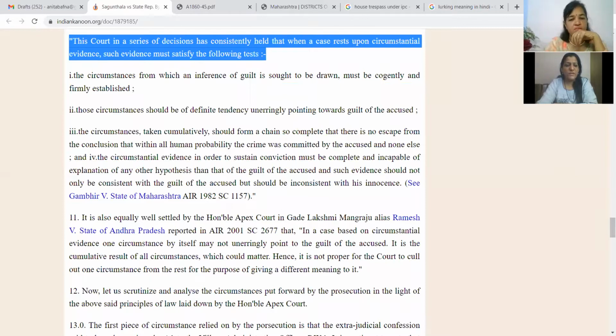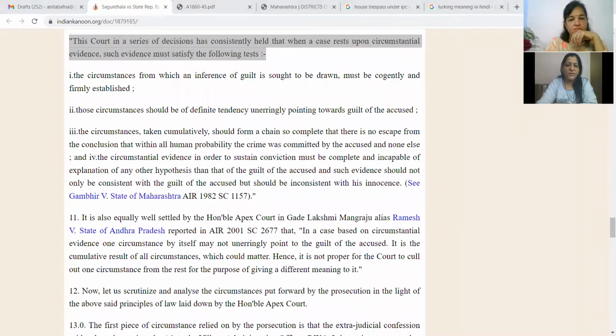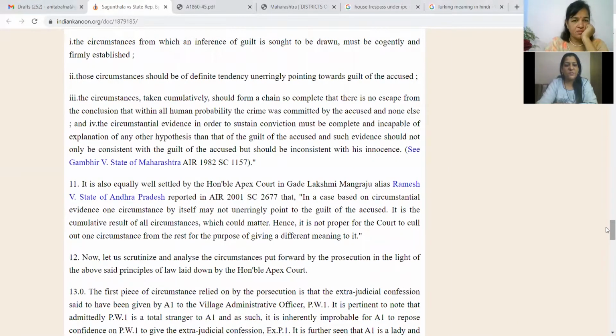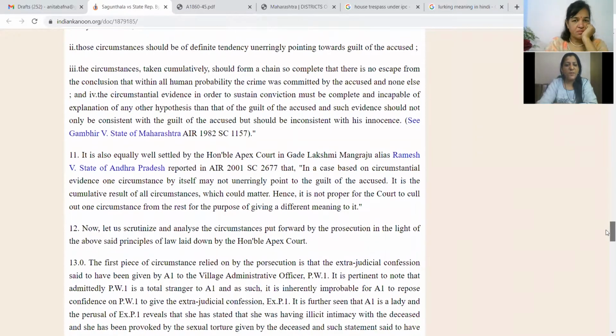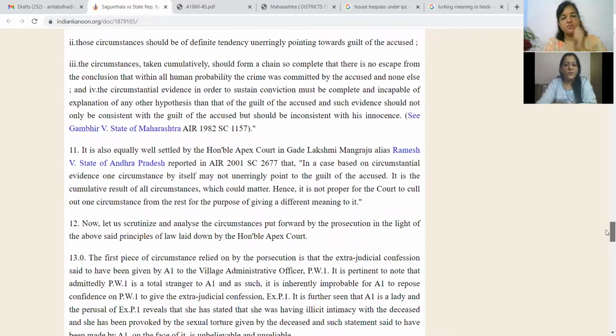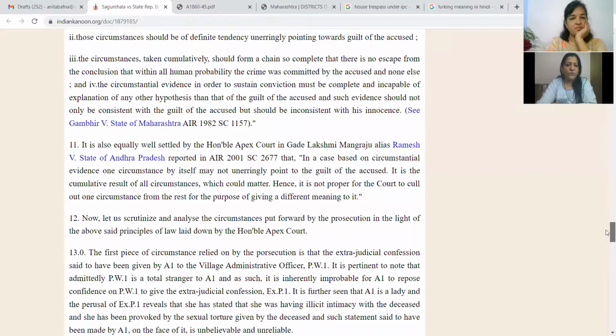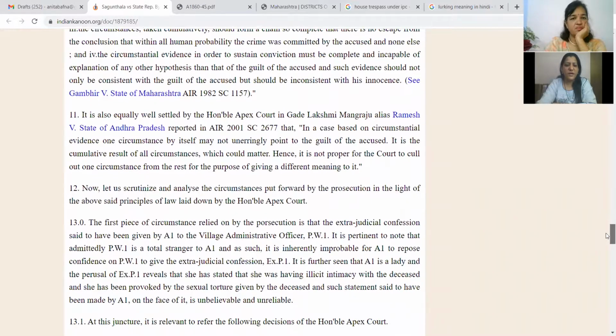The circumstances taken cumulatively should form a chain so complete that there is no escape from the conclusion that within all human probability, the crime was committed by the accused and none else. The circumstantial evidence in order to sustain conviction must be complete and incapable of explanation of any other hypothesis than that of the guilt of the accused, and such evidence should not only be consistent with the guilt of the accused, but should be inconsistent with his innocence. Gambhir versus State of Maharashtra.